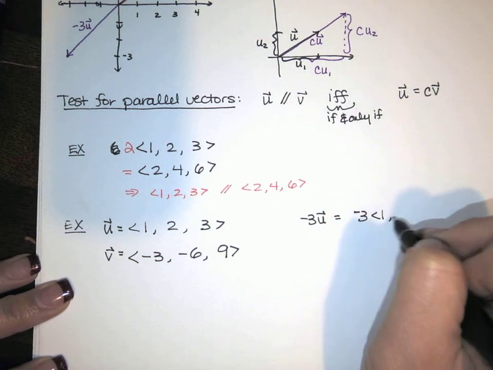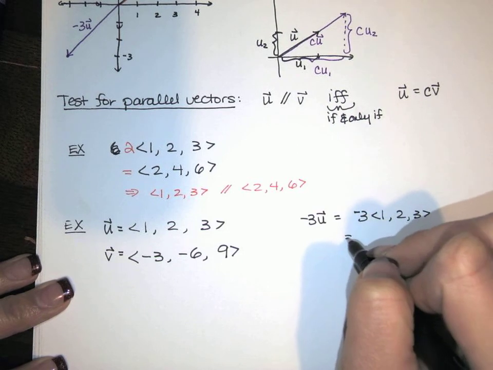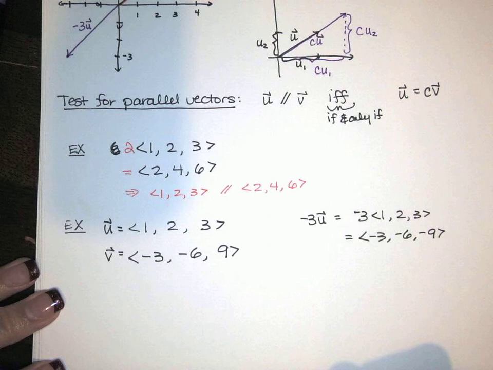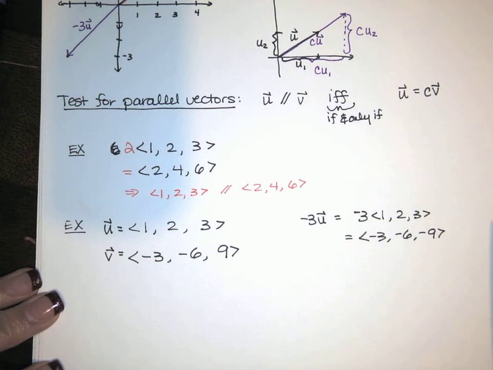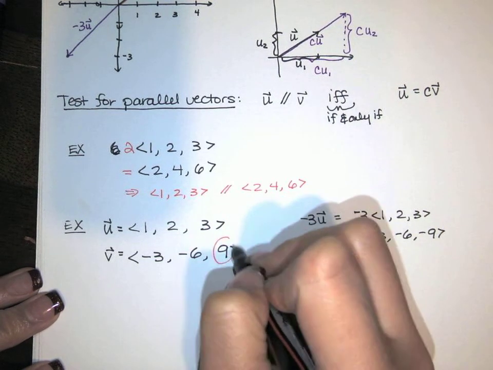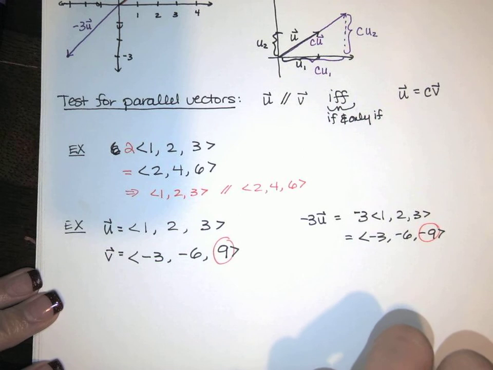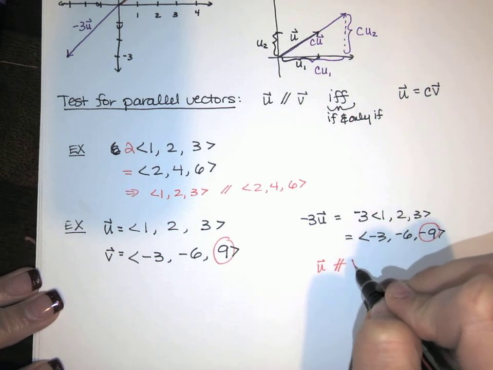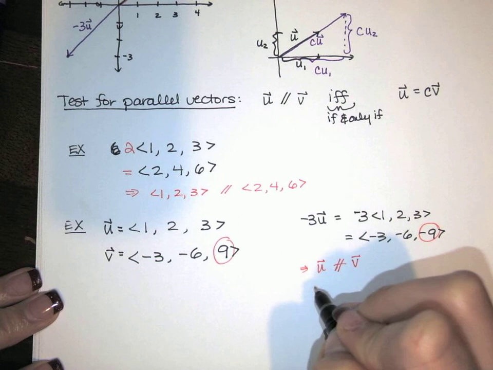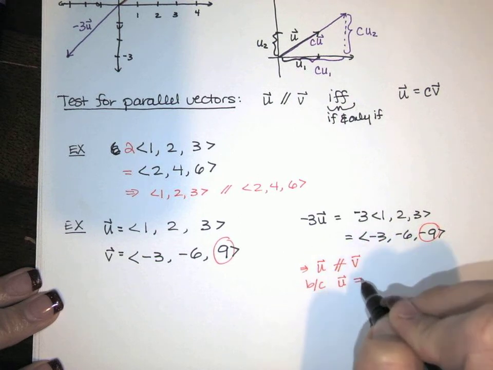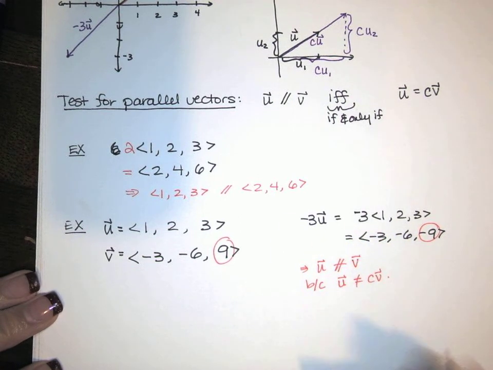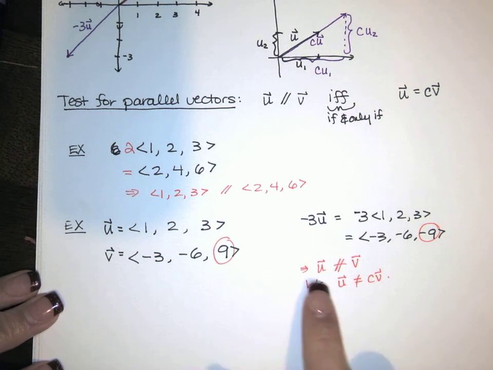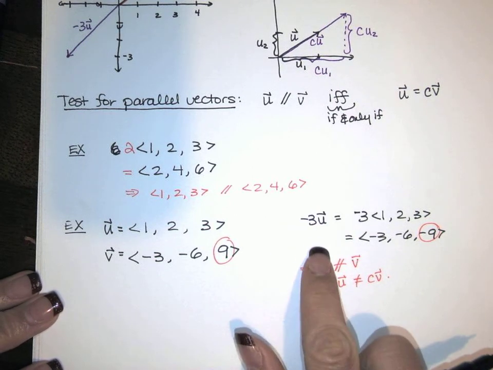You probably already see it coming. Distribute the negative. You say, oh, they're the same. Oh, no, they're not. Watch that sign. Those are not the same. So here, u is not parallel to v, because v is not a constant times u.